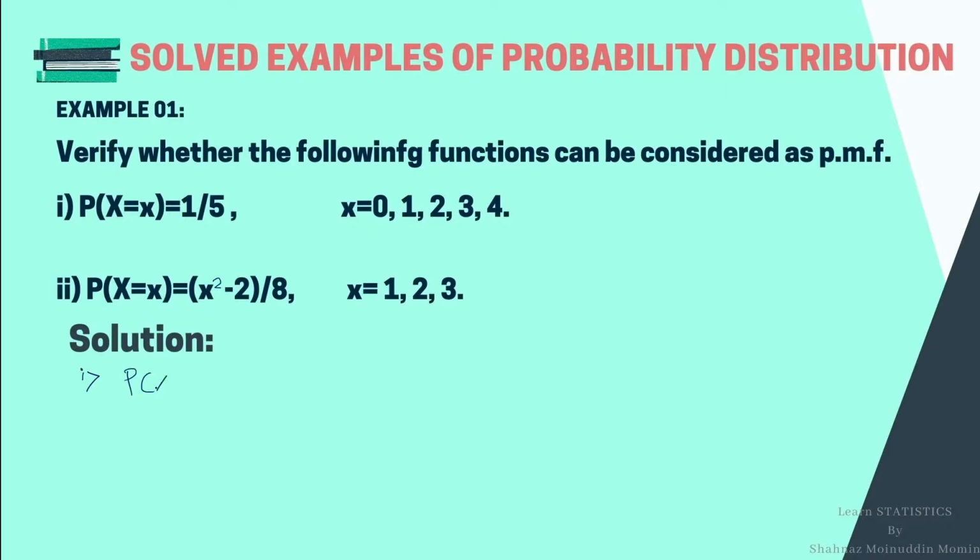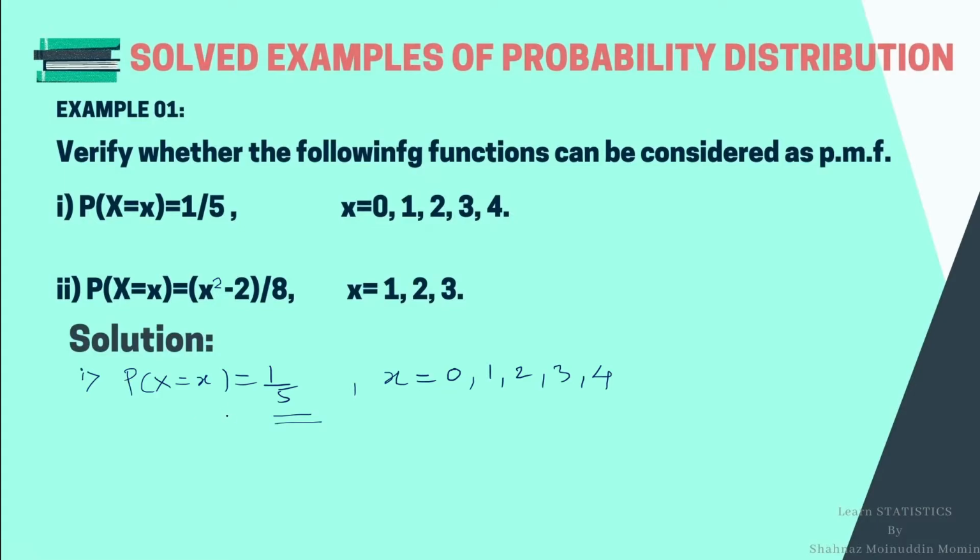Probability x equal to x is 1 upon 5 for x is 0, 1, 2, 3 and 4. The two conditions are, one is all the probabilities are positive.